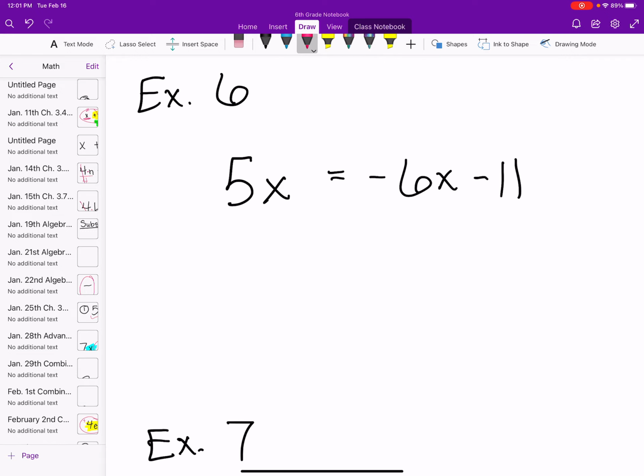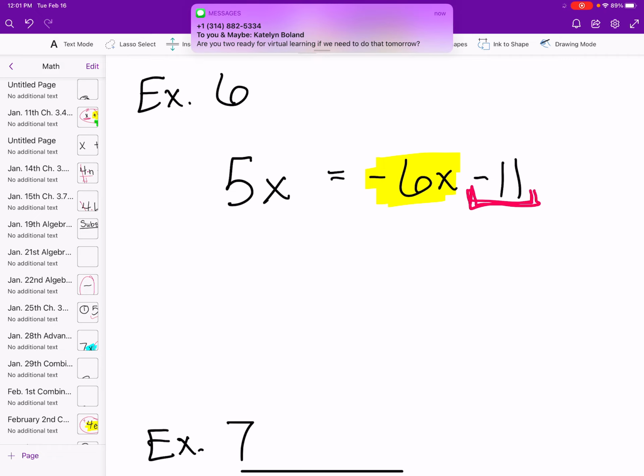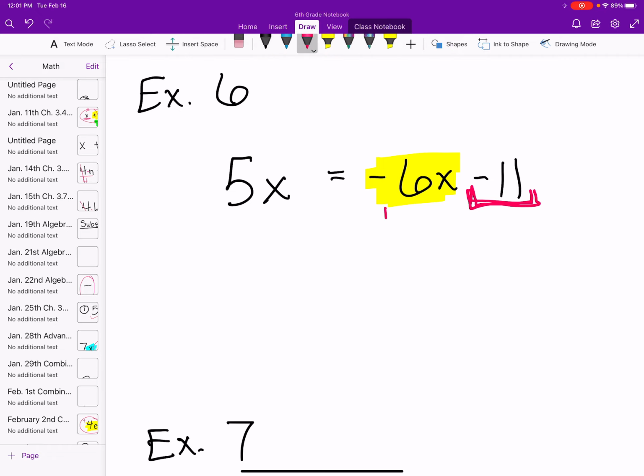So let's look at this next one. I'm looking at this guy here. My plain number is already on the right side. So it would make more sense for me to just move this negative 6x away from it. So I take the opposite of minus 6x, which is plus 6x. So 5x plus 6x is 11x.